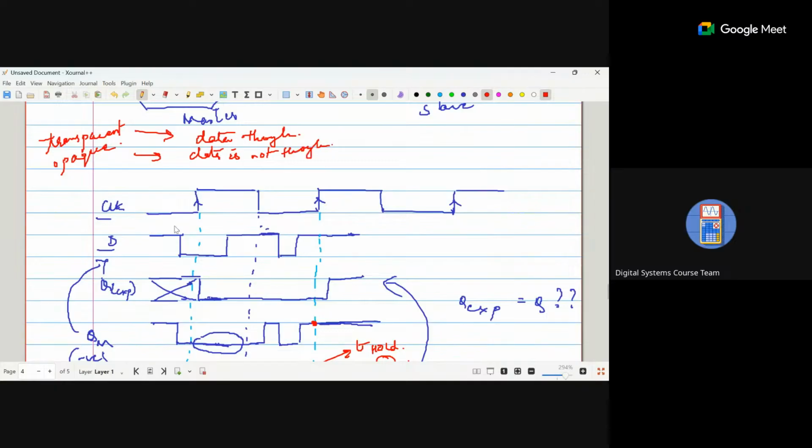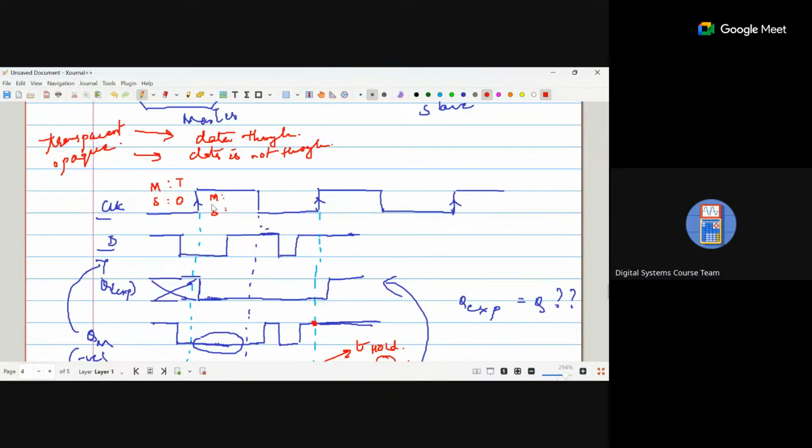At this point, let's say for master and slave, we are trying to divide into transparent and opaque. Master is a negative latch, so in the negative level, master will be transparent. Your slave is a positive latch, so slave will be opaque. Now this is positive.